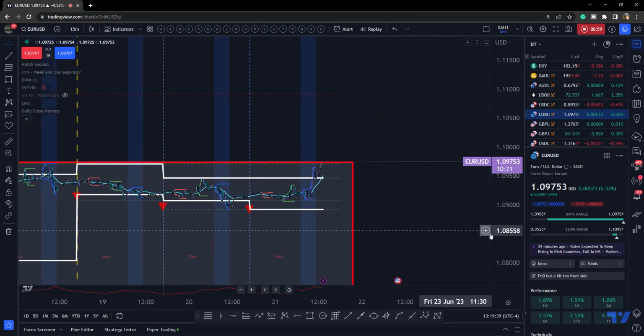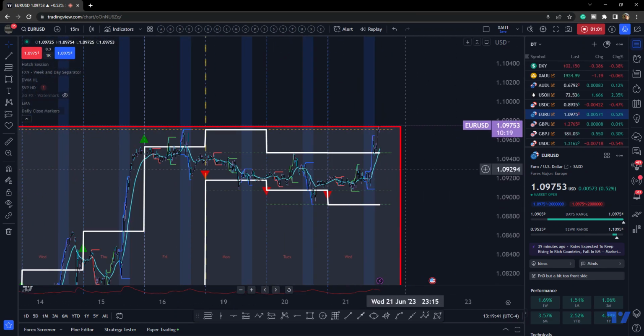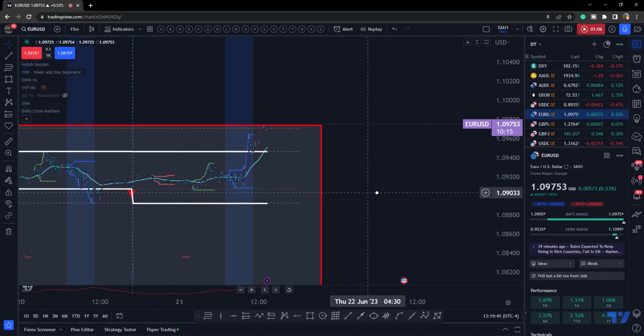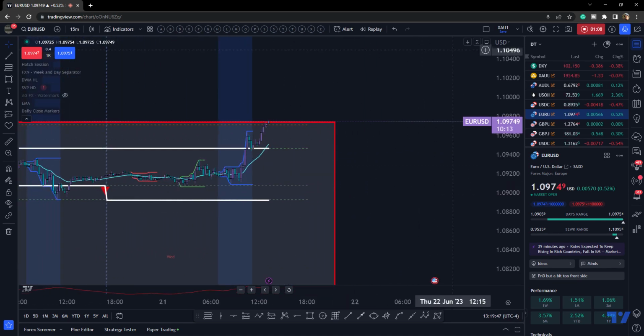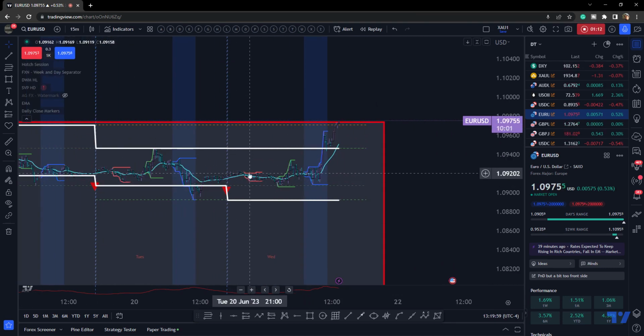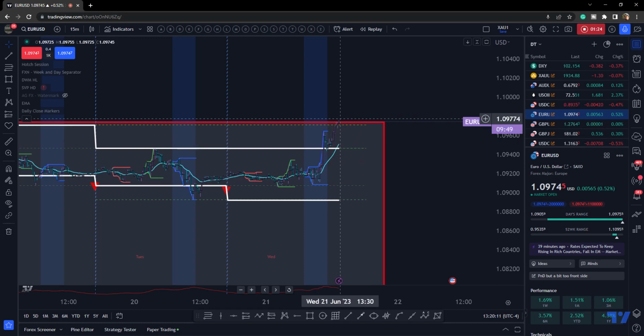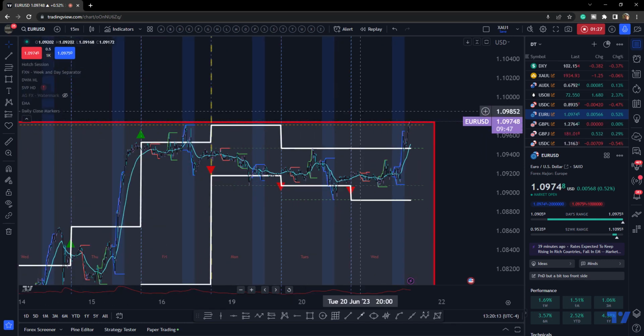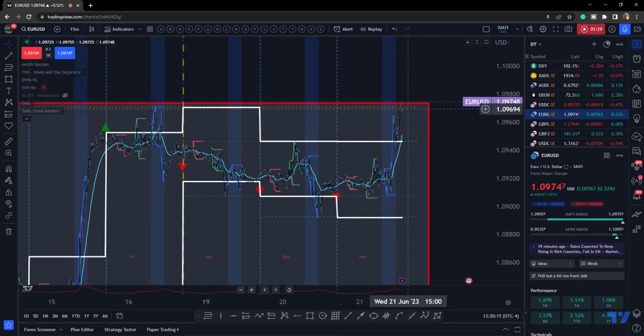What I am expecting, which by no means means it's going to happen, is that this rally that happened on today's business, so you've got Asia, London, and New York, the price burst out of this consolidation in a parabolic move, and it's testing last week's highs.